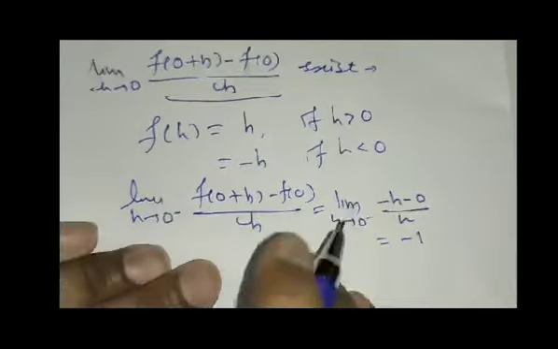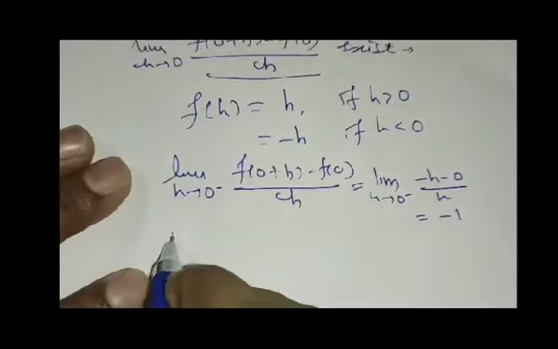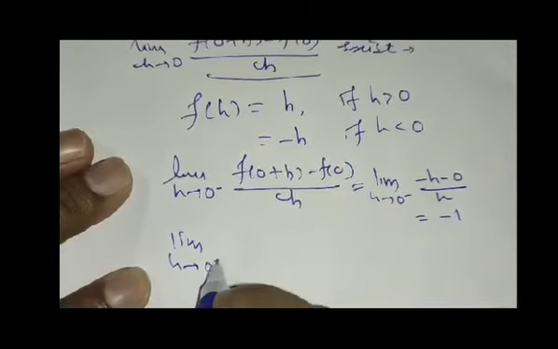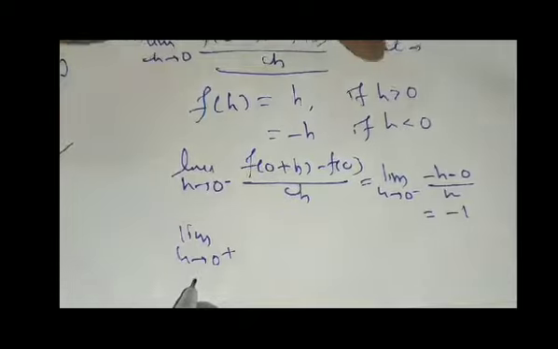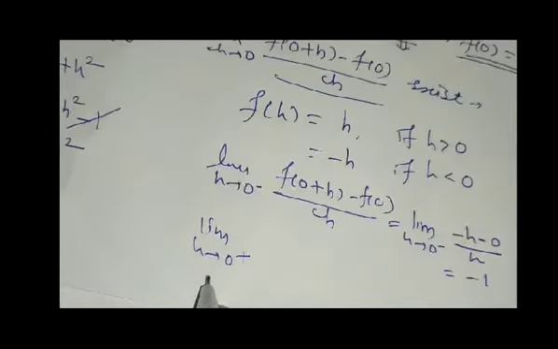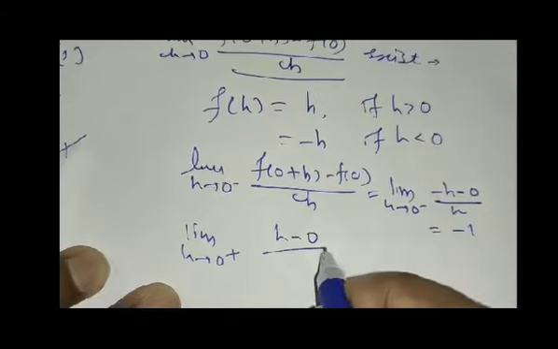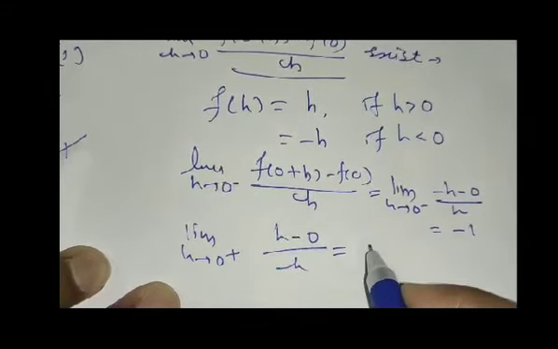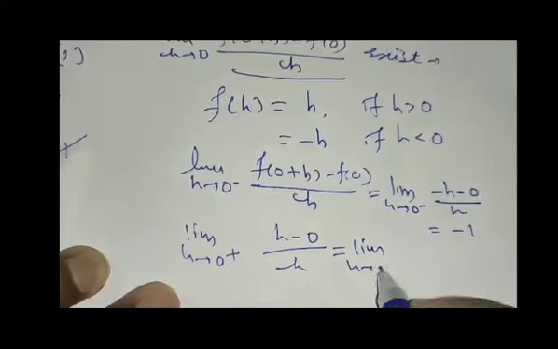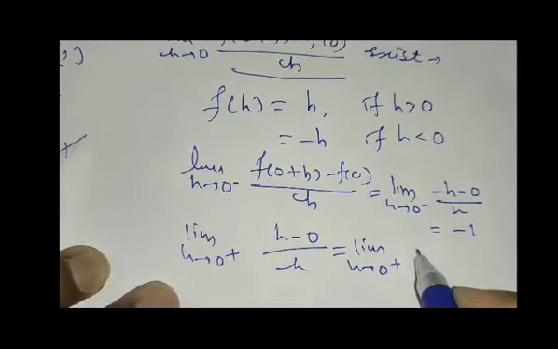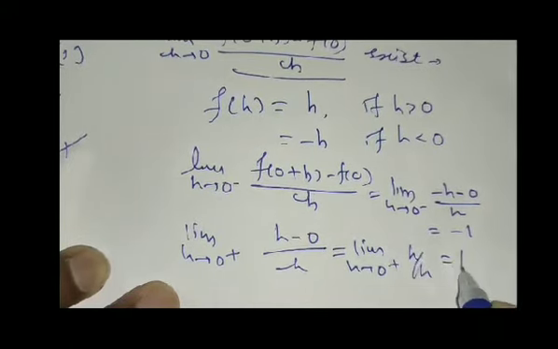This is the left hand limit. And what about the right hand limit? Limit h tends to 0 plus means when h is greater than 0, so f of 0 plus h is h minus 0 divided by h, limit h tends to 0 plus, we get h by h is equal to 1.